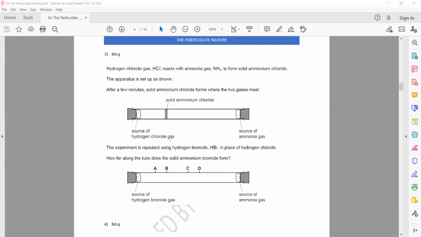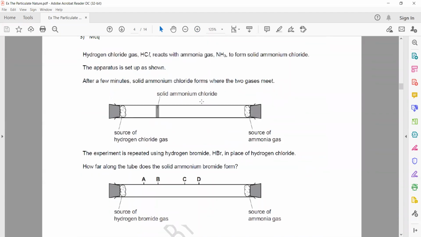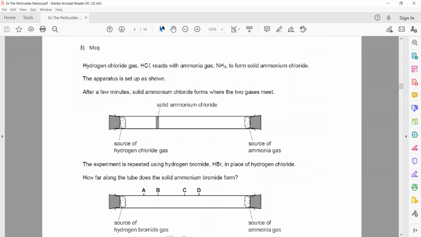Moving on to question 3. Hydrogen chloride gas reacts with ammonia to form solid ammonium chloride. The apparatus is set up as shown.